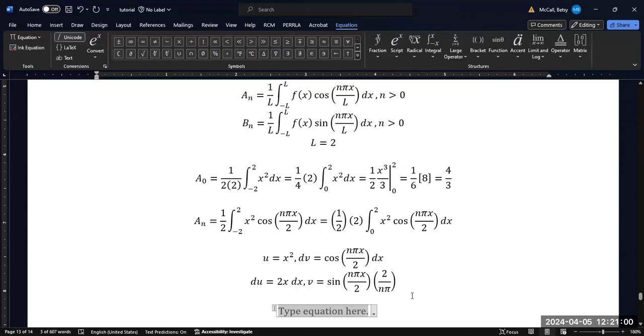And so now I'm going to get the 1/2 and the 2 outside my integral cancel.